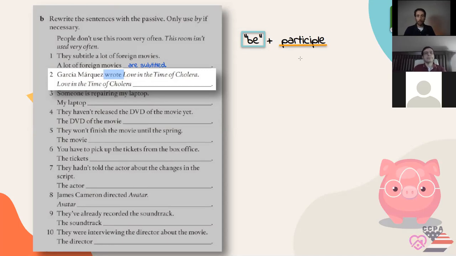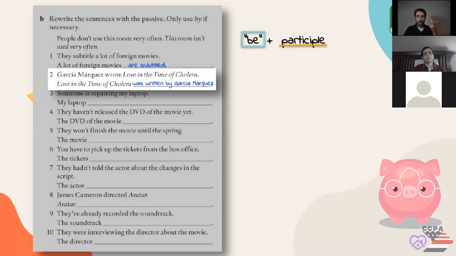So how do we create our participle for this? Love in the Time of Cholera was written by, that is what Ruth is proposing over there. Love, exactly. Don't forget the by. Love in the Time of Cholera was written by Garcia Marquez.